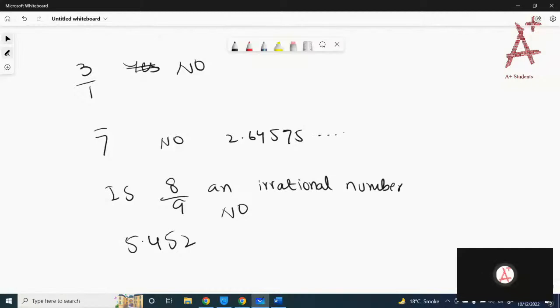So is 5.452 a rational number or an irrational number? It is a rational number because you can write the number in the form of a by b. When you remove the decimal point, it would be 5452 divided by 1000. Got it? So it is a rational number.